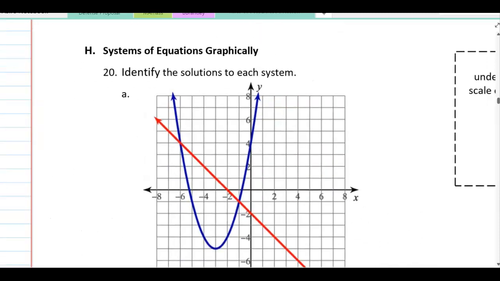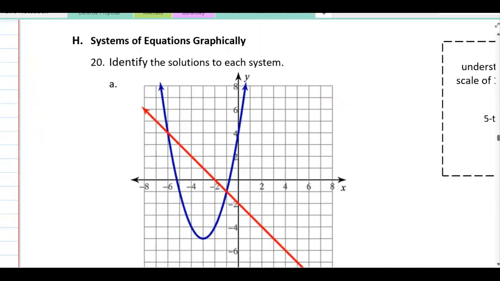Okay, so this is a type of question that asks you to identify the solution of each system. We expect you to see from the graph what the graphical solution is, so their intersection points. Make sure you see that.